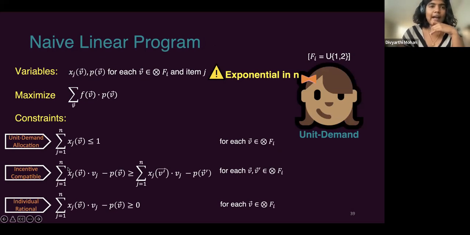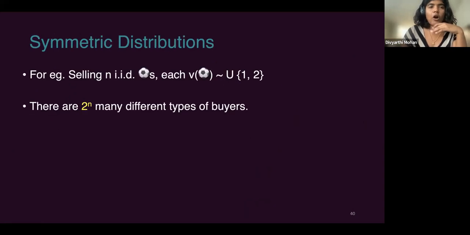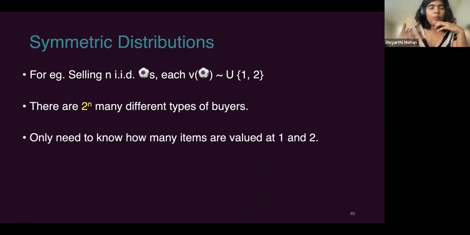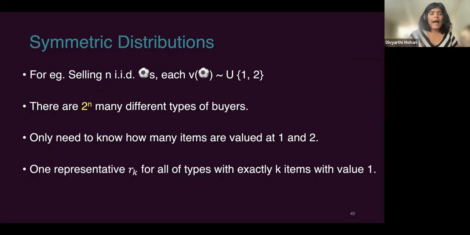But here we note that to capture the different buyer types in this distribution, all we need to know is how many items they value at 1 and how many items they value at 2. So we have a representative R_k for all buyer types with exactly k items with value 1 and n minus k items with value 2. So we have R0 through Rn, right?